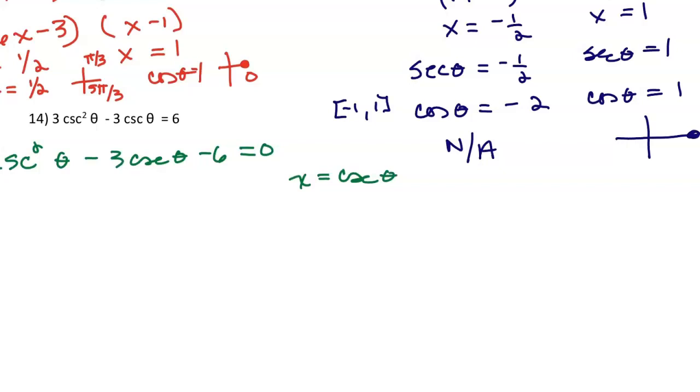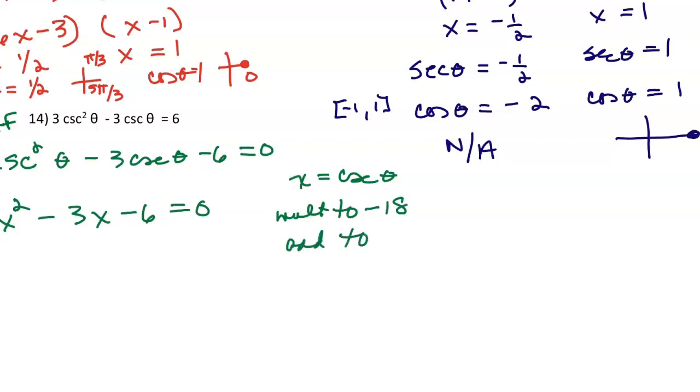And I'm going to rewrite this as 3x squared minus 3x minus 6 equals 0. Okay, this is also hard factoring in that the leading coefficient is greater than 1. So I say to myself, what multiplies to a negative 18, and it has to add to a negative 3.